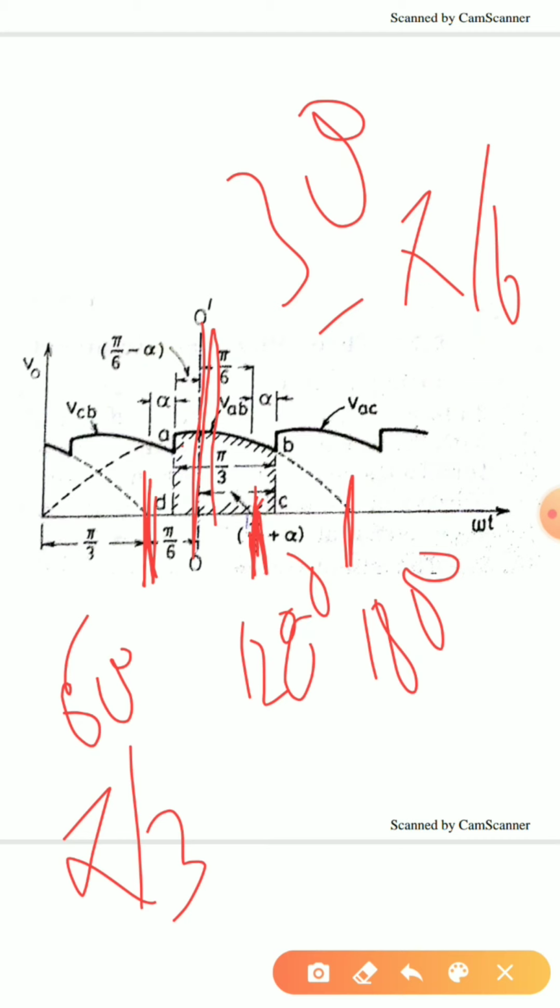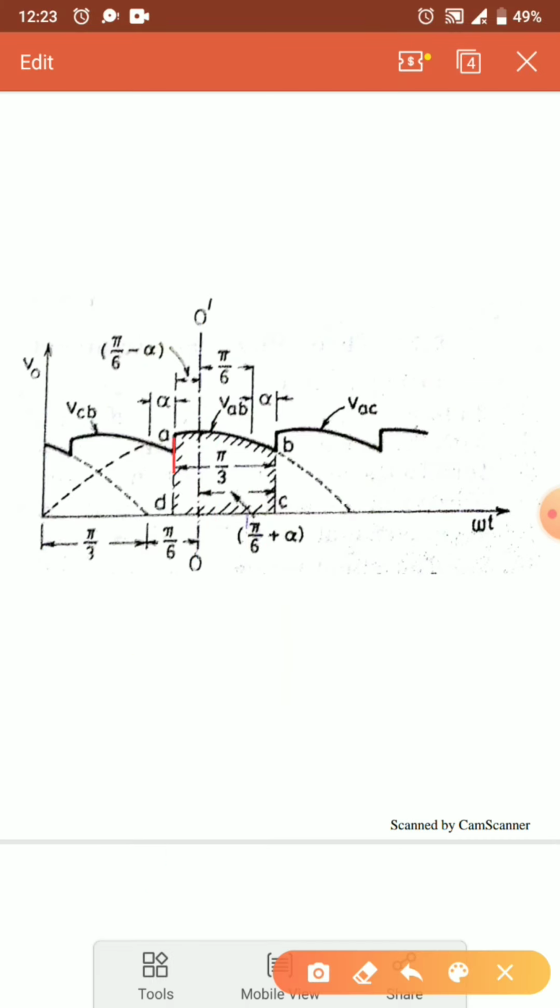Now if I look at this portion for VAB, it is clearly understood that this is the portion for VAB. So I have to integrate over this portion only. This is my origin. From my origin, this is 30 degree and this is my firing pulse.